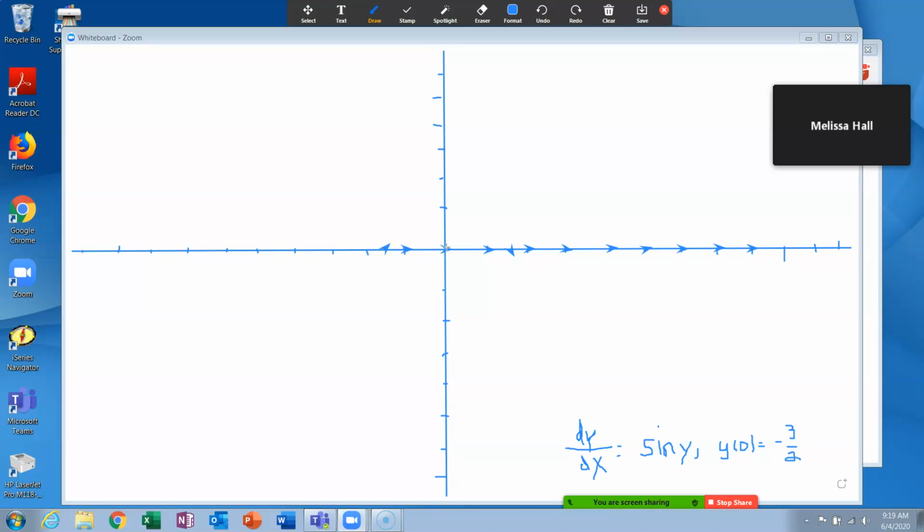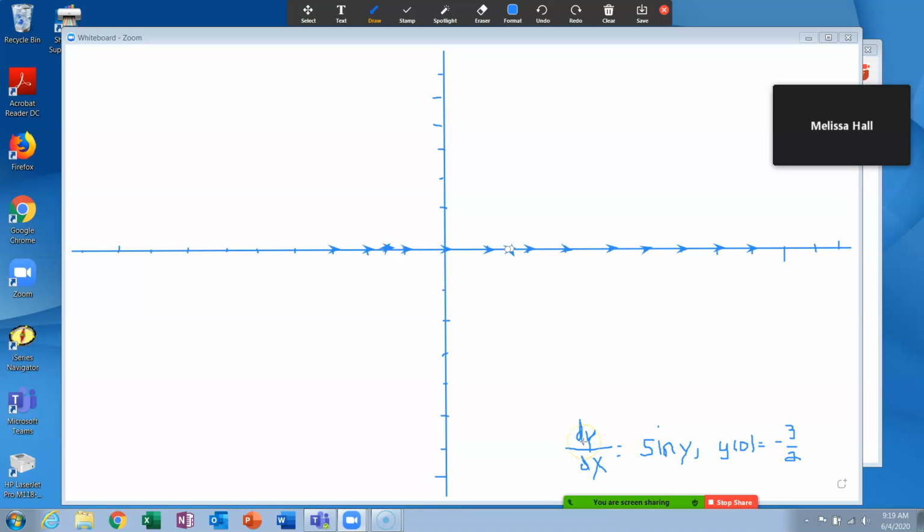When y is equal to 0, your slope is always 0. So this should be a 0 slope. Everywhere a 0 slope. I'm not going to put them on the half. All these are 0 slopes, because when y is 0, your derivative is 0.